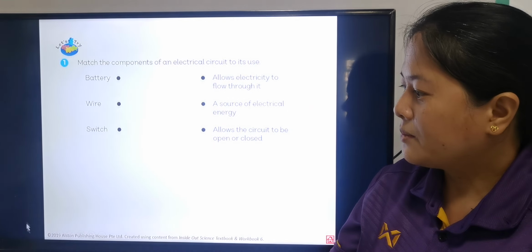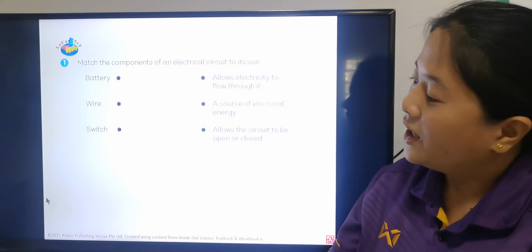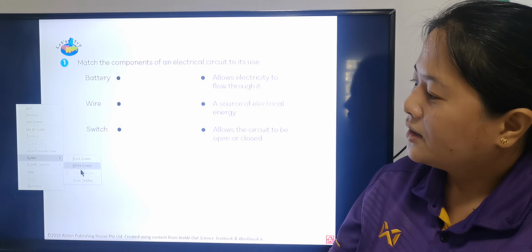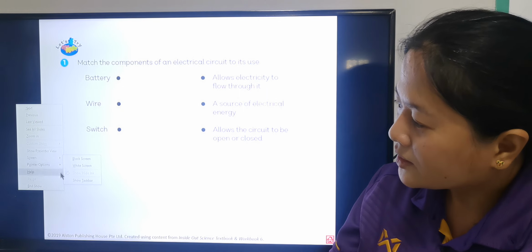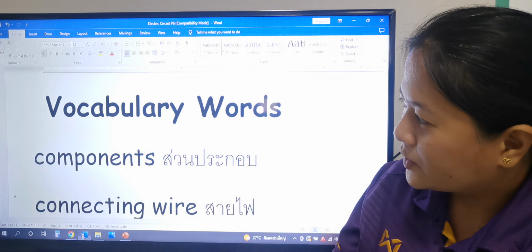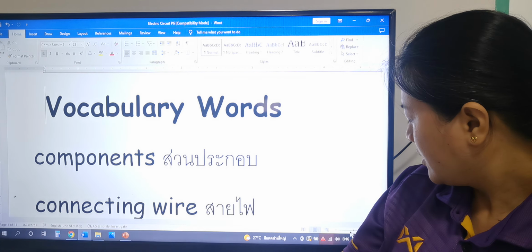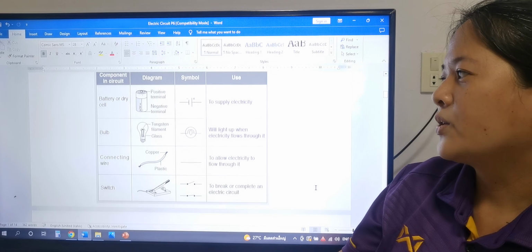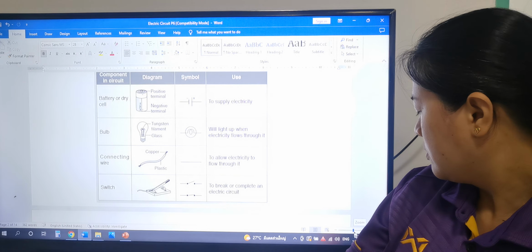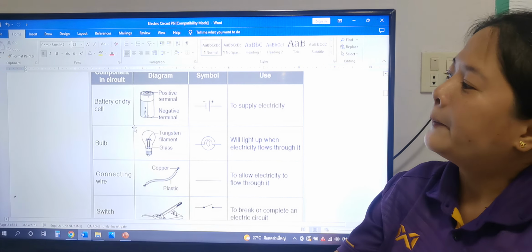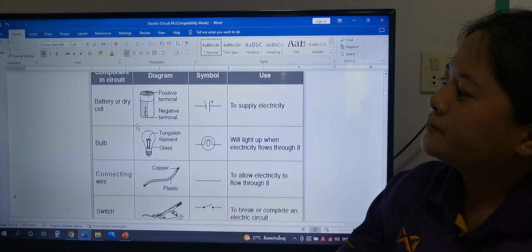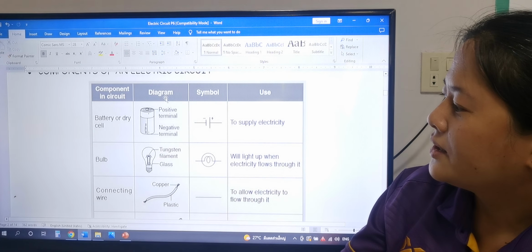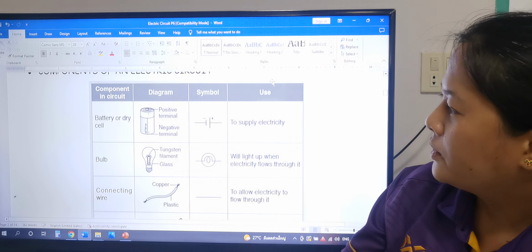But before this, let me show you the other symbol that I'm talking about. So here is a table showing the component, its picture, its symbol and its use.